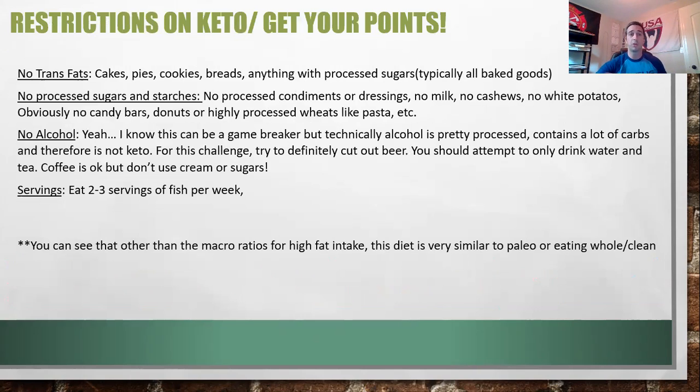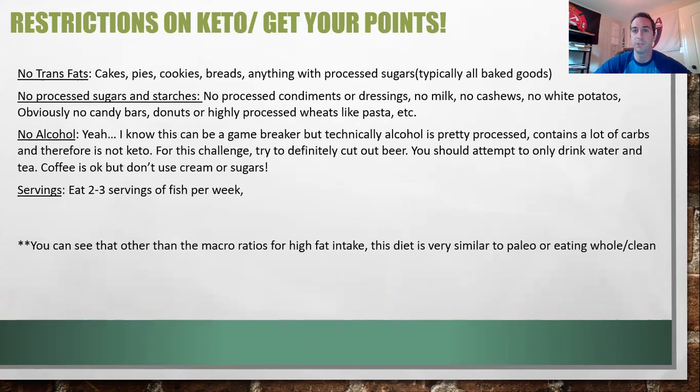Okay, some more restrictions on keto, and this is pretty typical of some other clean eating diets like our General Health and Wellness program, Paleo. It's a lot like that. So no trans fats, all right? This is basically saying the same thing as no processed sugars or starches. We don't want cakes, pies, cookies, breads, anything with processed sugars, all right? Another big thing that a lot of people overlook is condiments, all right?